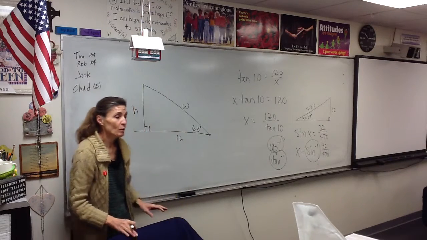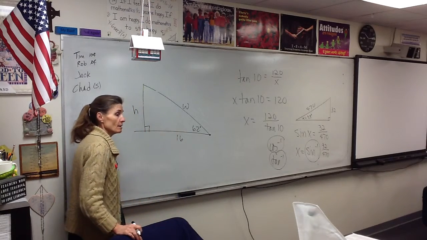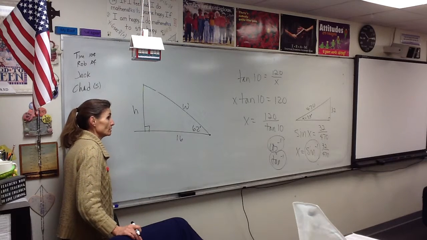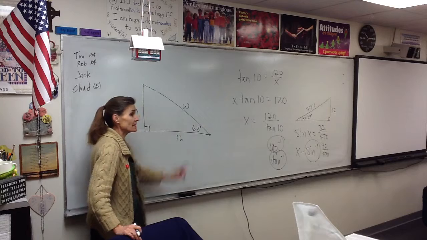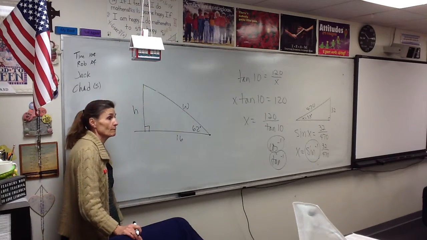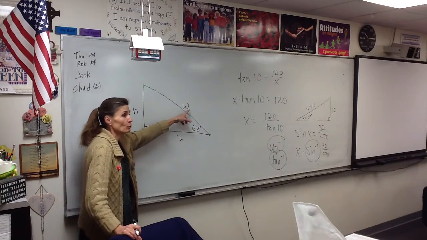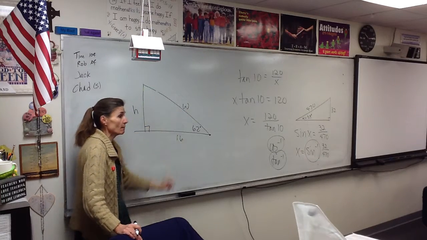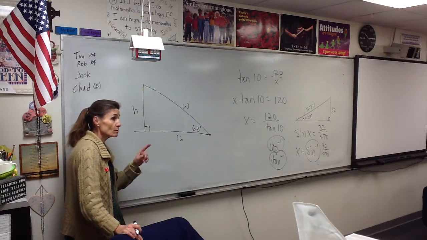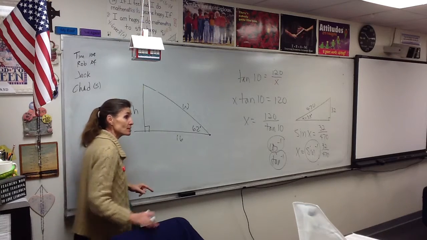It doesn't matter which one you find first, but whichever one you find first will determine what equation you're going to use. Let's say we want to find W first. What equation would we use to find W? Cosine. Absolutely.